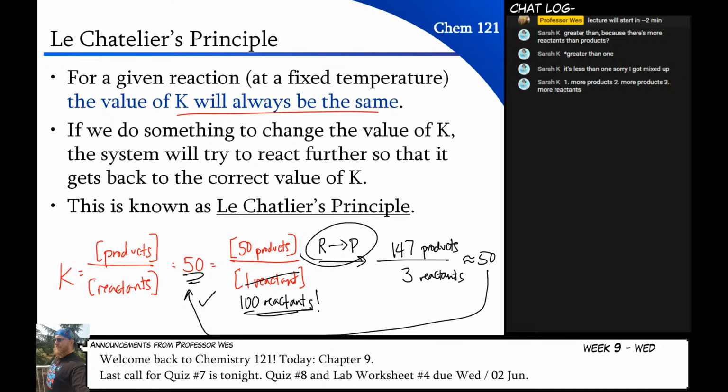So if you flood the system by adding a ton of stuff, the reaction just goes in whatever direction is necessary to undo your change so that it can get back to what number ratio it had for K before.